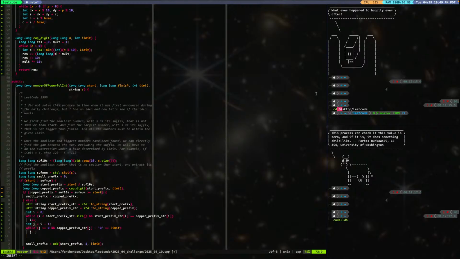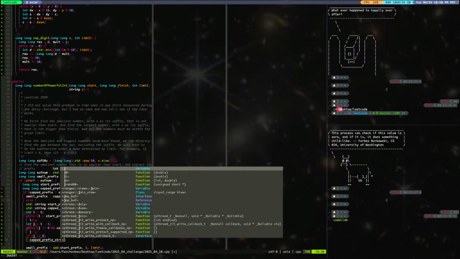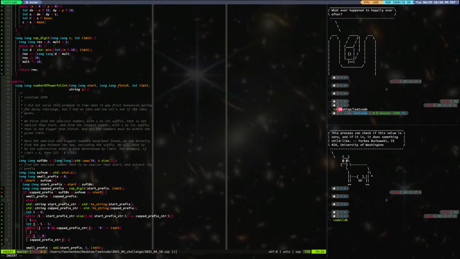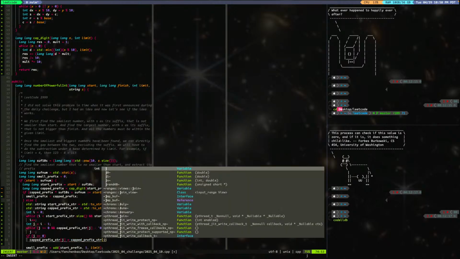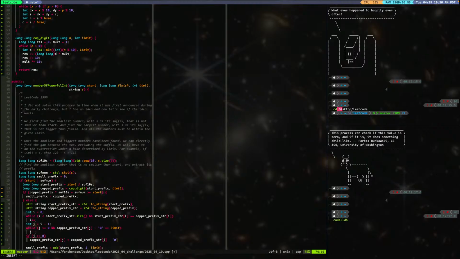So yeah, j is the first one that can do something, right? Then we shall say if j is larger equal to 0, and we are going to say capped prefix str j shall equal to capped j minus 0 plus 1 plus 0.